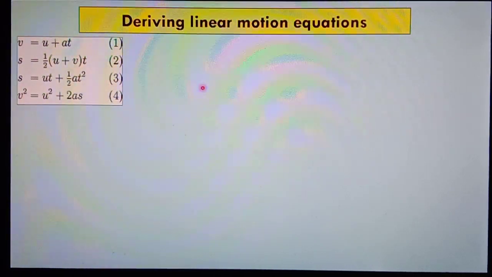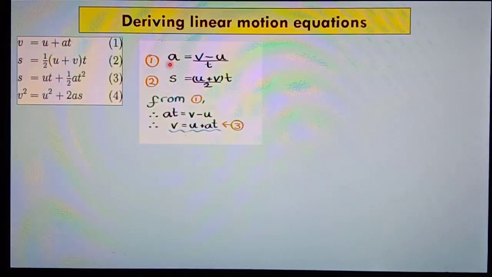So in deriving the linear motion equations, you must know how to derive them. We can look at them one by one. The first one, from what we discussed before about the definition of acceleration. Acceleration is the rate of change of velocity.